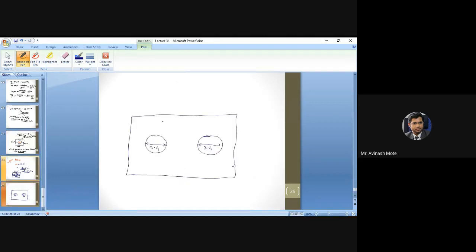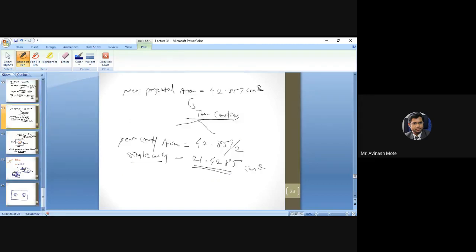Now, while calculating for two cavities, you will have to consider the total area, which is 42.857. From here onwards we can calculate it, but while calculating the total dimension you will have to consider both cavities.